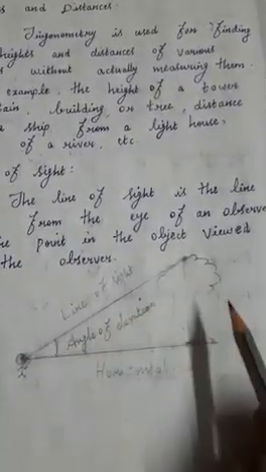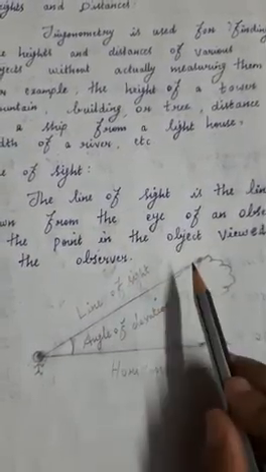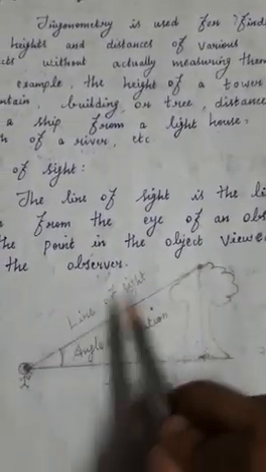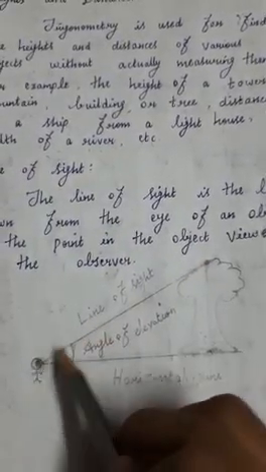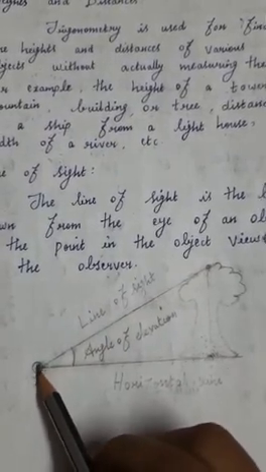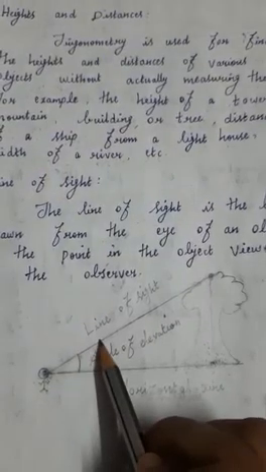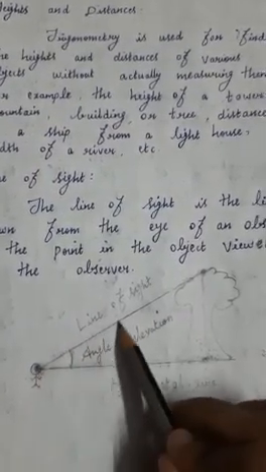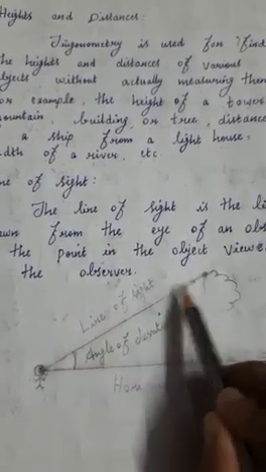Now, if the person is looking at the top of the tree, what will be the line of sight in this case? You know that line of sight means the line from the eye of an observer to the point where he is looking. Now he is looking at the top of the tree, so the line drawn from the eye of the observer to the top of the tree is called the line of sight.